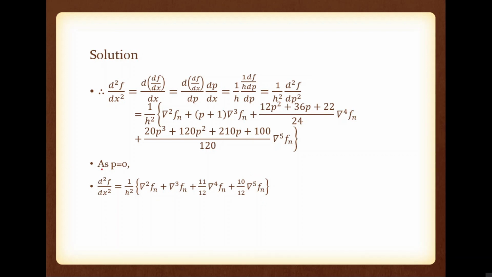So please note, if p equal to 0, d square f by dx square is this one. Please note these two equations first. Please note this d square f by dp square, the first equation. Also note d square f by dp square if p equal to 0. That is second equation. Please note that. And then substitute the values and find the final answer.